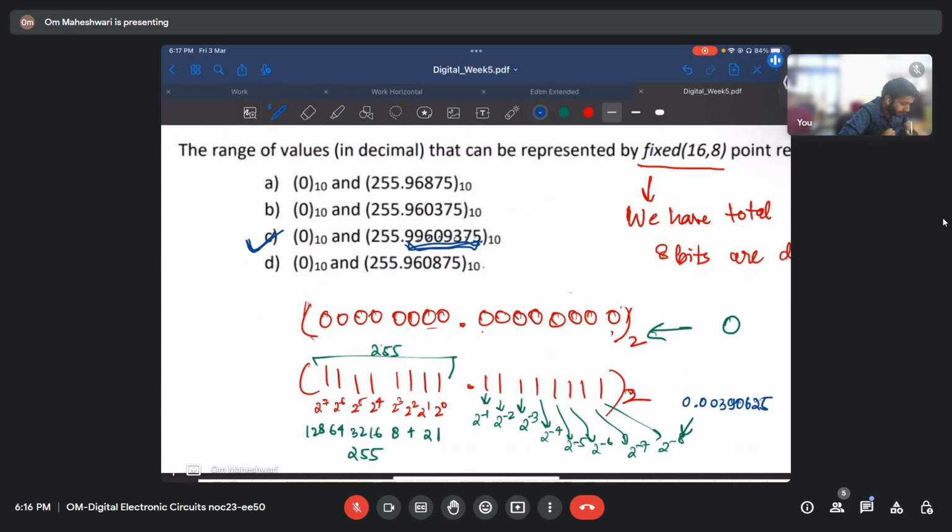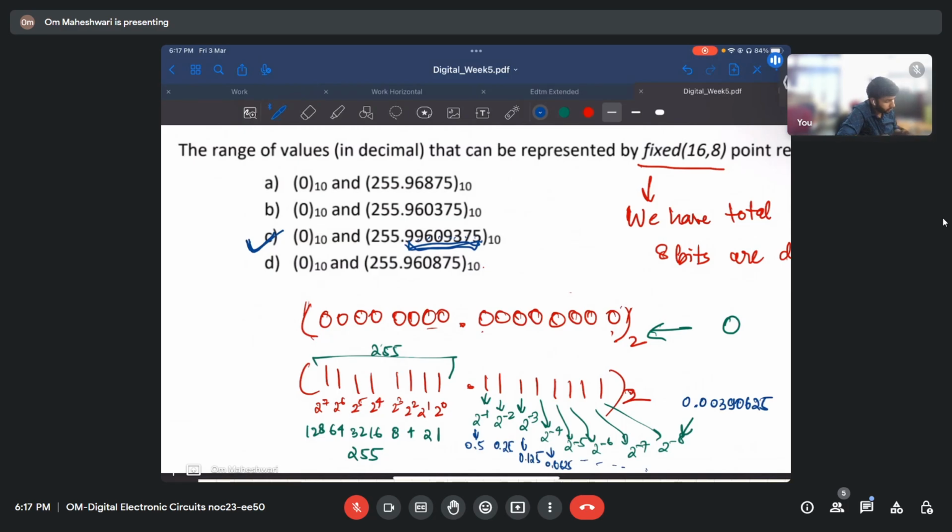Anyway, you can just find it out. It just means 0.5, and this means 0.25, 0.125, 0.0625 and so on.